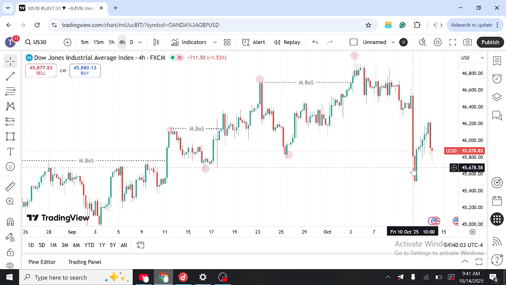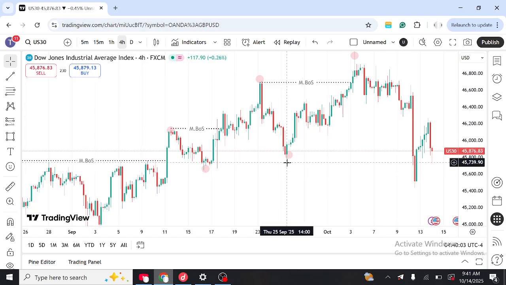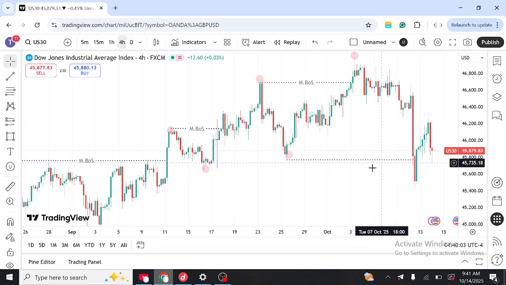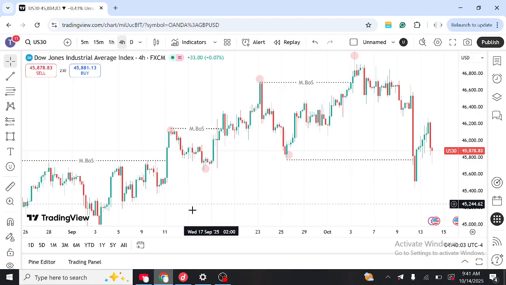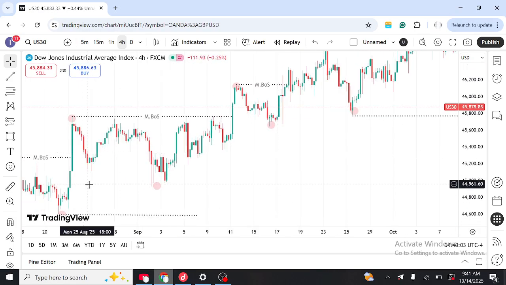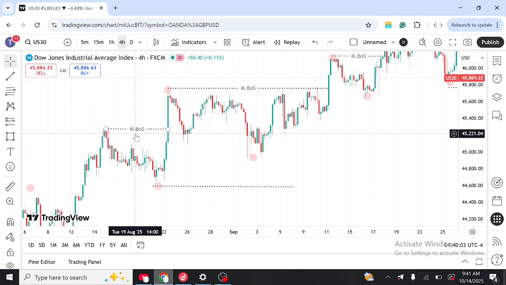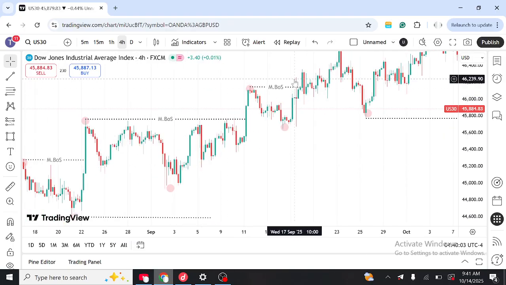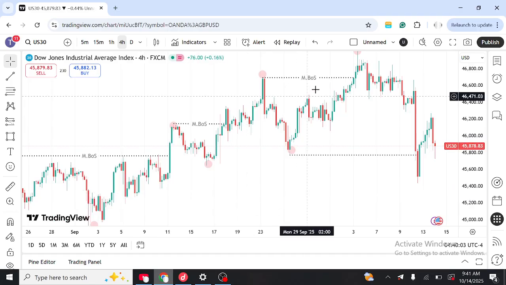Now anytime price comes below any low or high that has done a major work, we call it a change of character, because from here price was pushing to the upside. You can see that our break of structure is higher. This is a low, this is higher than this, so that means price is pushing up.